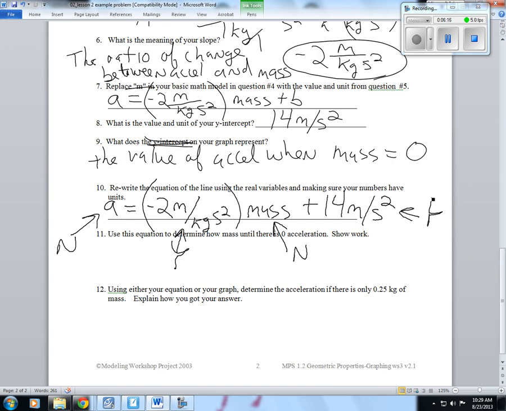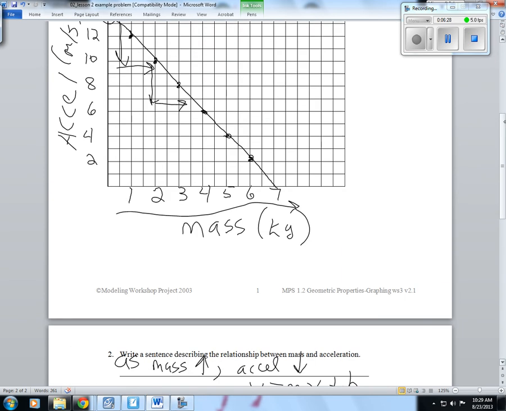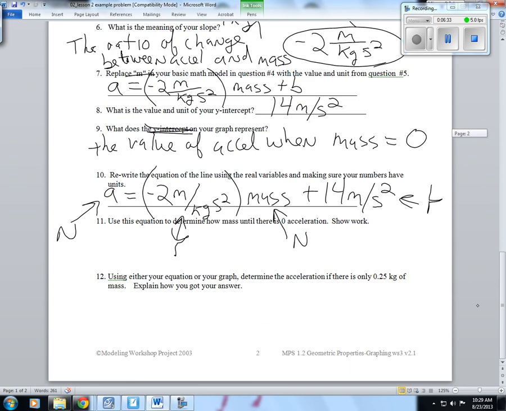Number 11 says use this equation to determine how much mass until there's 0 acceleration. A lot of you can just look on the graph and see here's 0 acceleration, so how much mass? 7 kilograms. Let's try it using our equation. We already know the answer. So 0, we'll plug in our values: 0 is equal to -2 times mass plus 14.